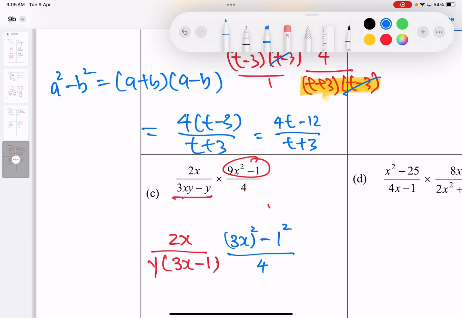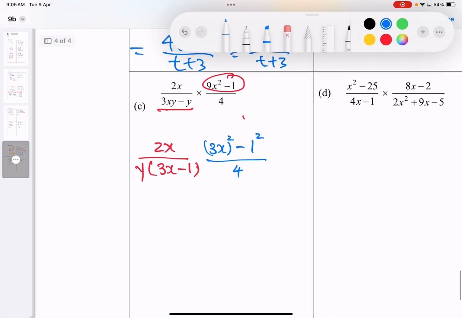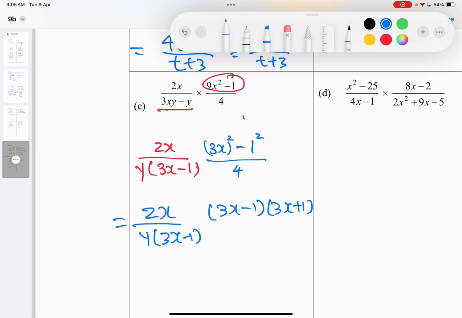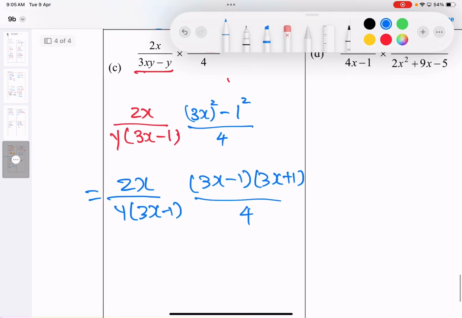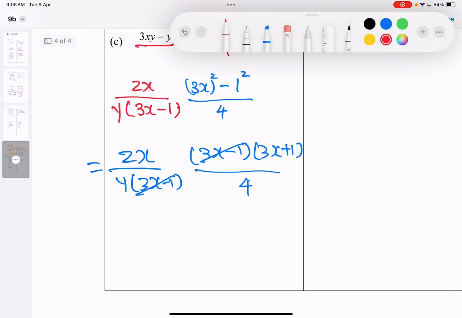Okay, the rest of you, let's simplify this. So this one, what we're going to get? 2x over y, 3x minus 1. Here we're going to get 3x minus 1, 3x plus 1 over 4. So we're going to cancel the common terms. This and this are common. What is left behind?